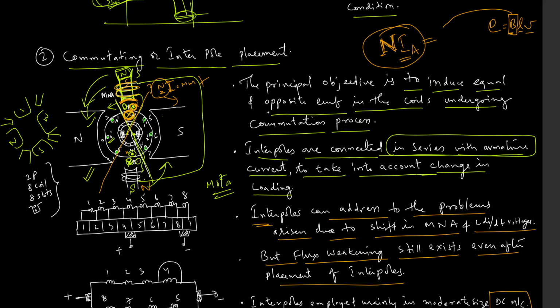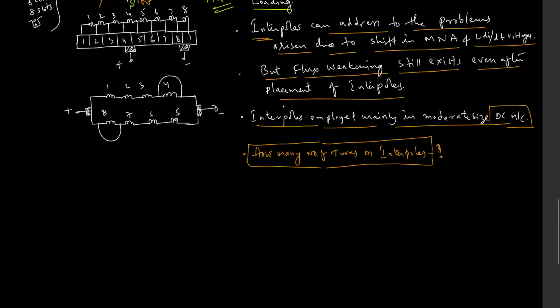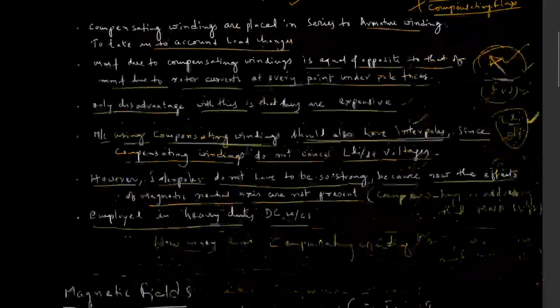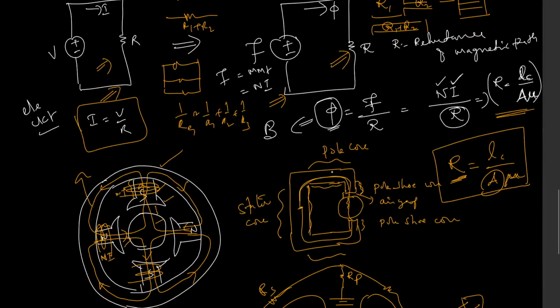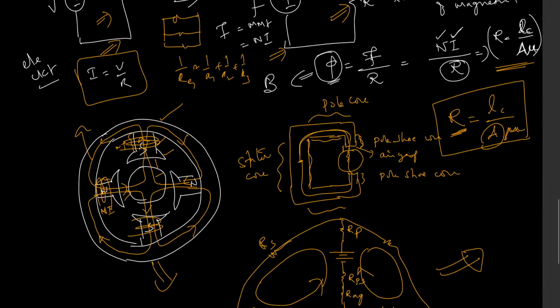Then I will be left with how to choose the turns in a coil. Then what is the width of the core, width of the poles, how to choose the number of turns of the field winding, like that. So these all I can design based on these simple magnetic principles. Based on all these principles, I can design the various elements of the DC machine.